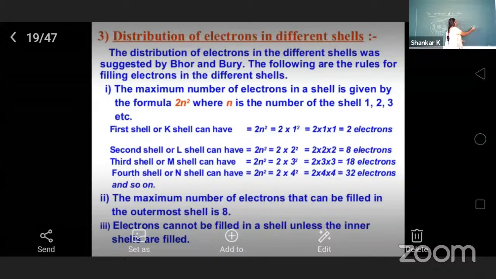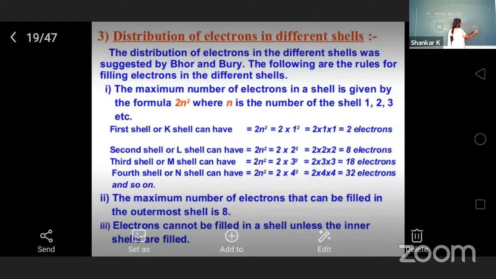2, 8, 2. If you take any atomic number which has more electrons, like 20, calcium, you know that calcium has atomic number 20. I take 2 here, then 8. Here again I take 8, it becomes 18.